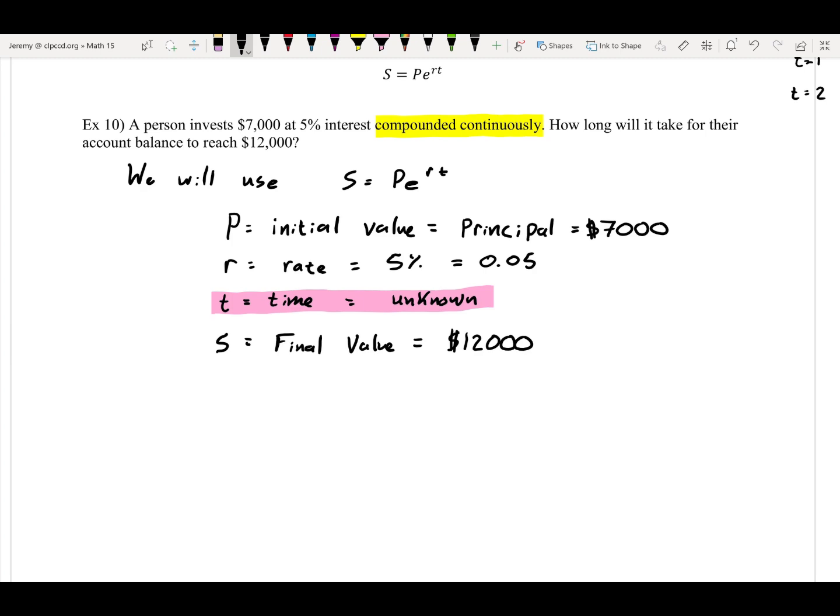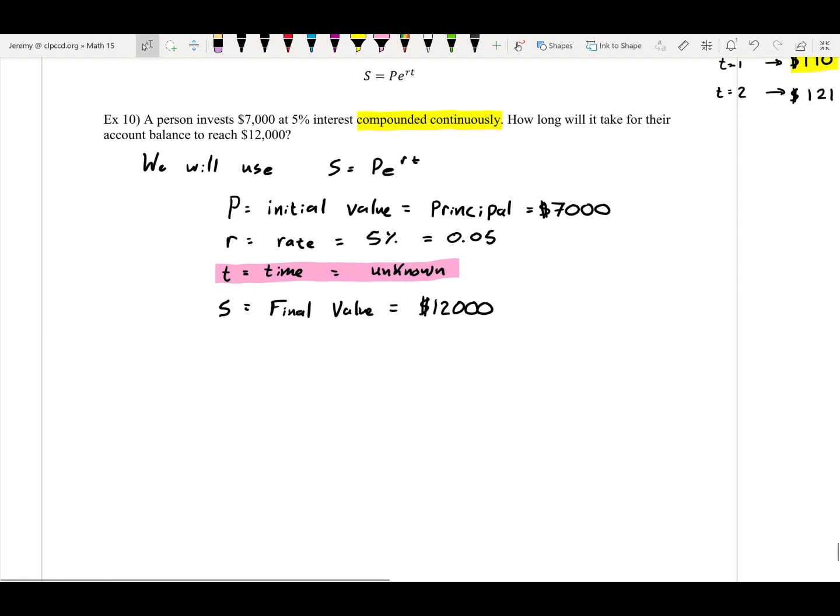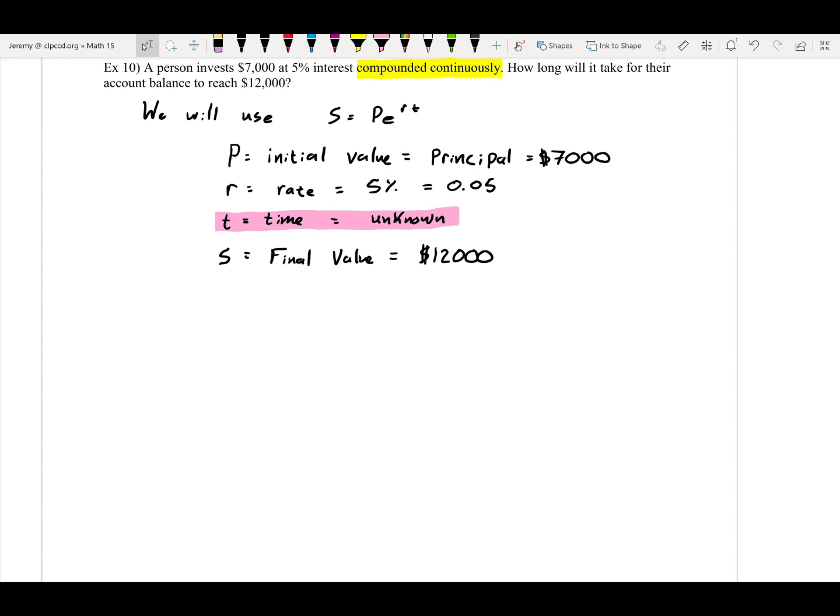Good, so what we should do here is plug in the values that we have, and we're going to be solving for t. So I want to plug into S is equal to P times e to the rt. So that'll be 12,000 is equal to 7,000 times e to the 0.05t.